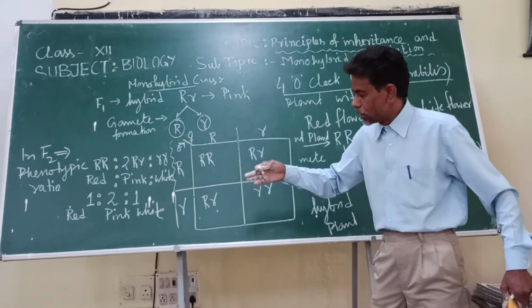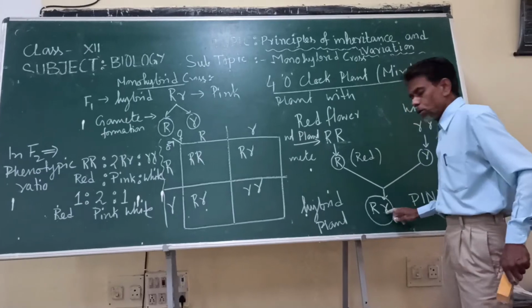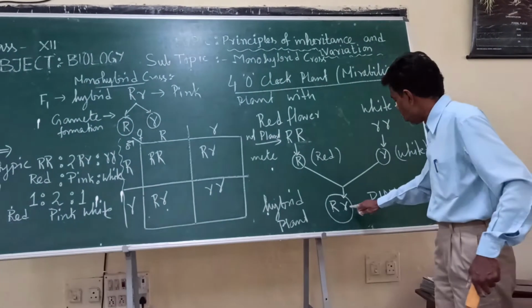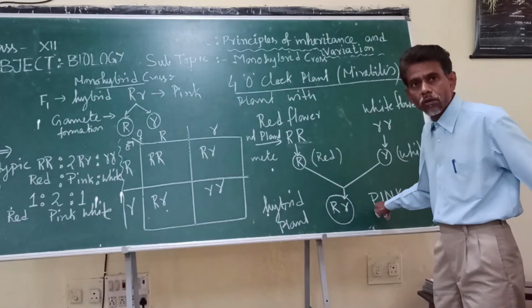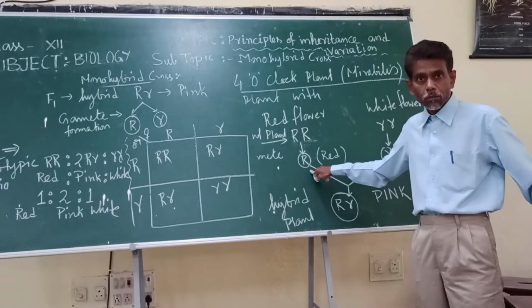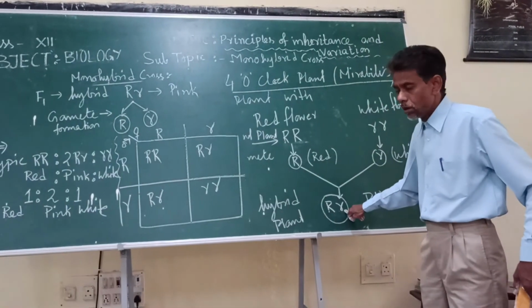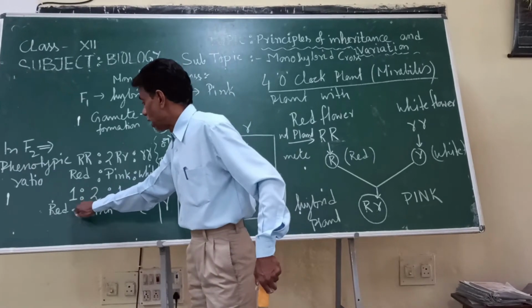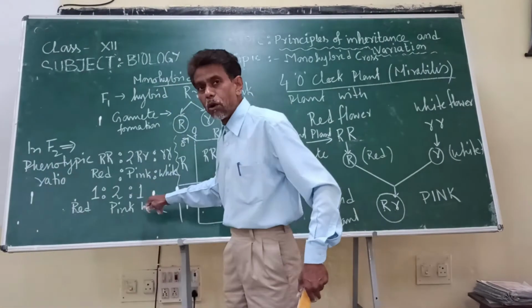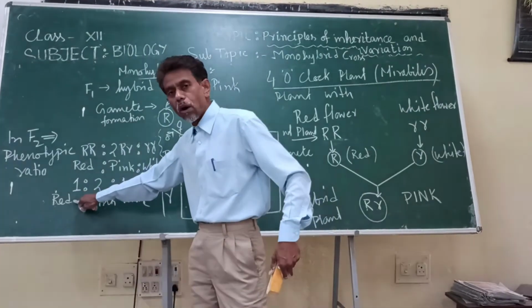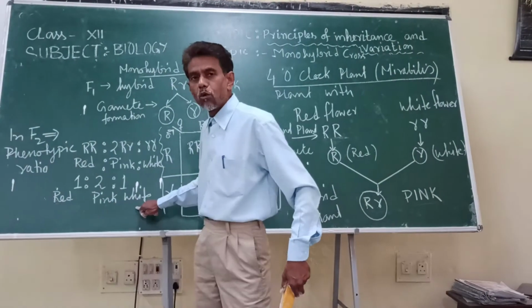Now, before we tell the difference, what happened? Why is the F1 hybrid not giving a character like Mendel's principle, red, and why did the F2 generation separate? In the F2 generation, the phenotypic ratio we got is 1:2:1, meaning 1 red, 2 pink and 1 white.